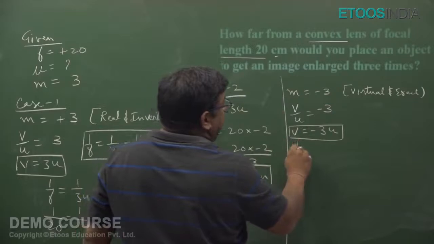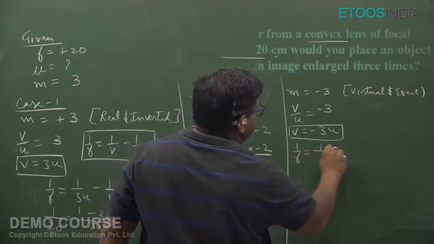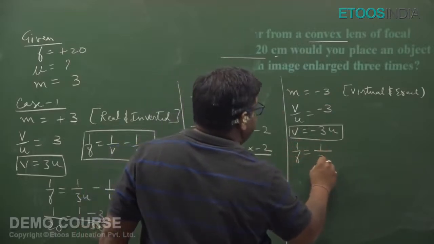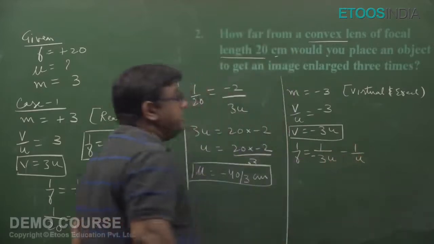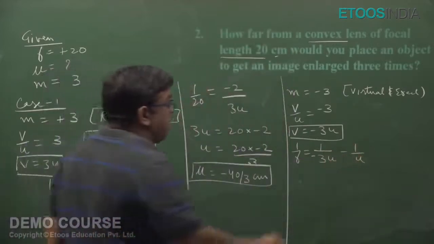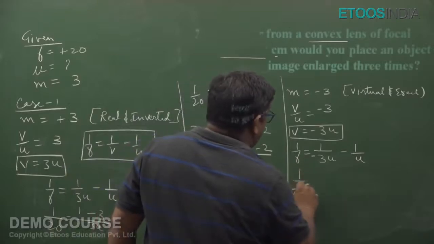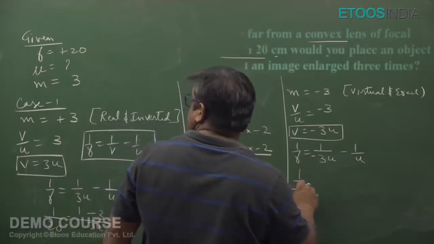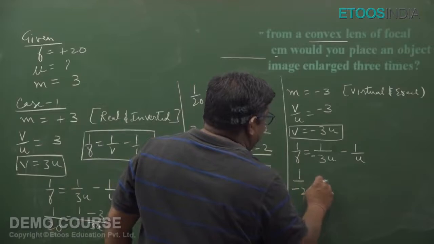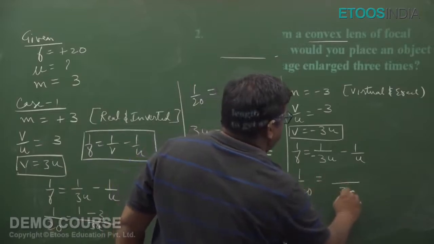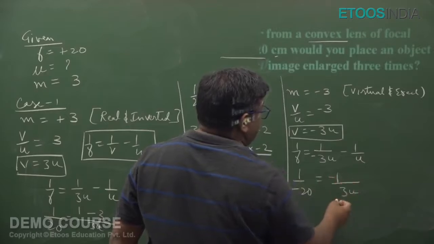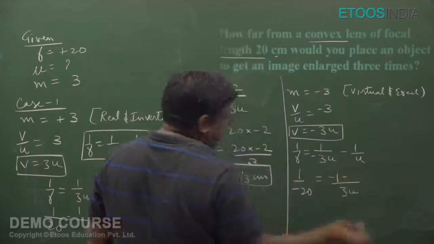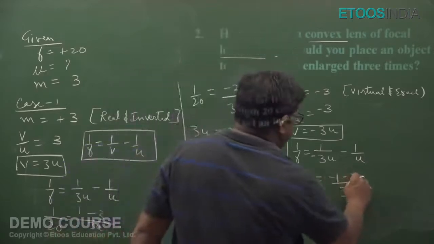By putting the values in the formula, again 1 upon 20 is equal to 3U. So minus 1 and again minus 3.